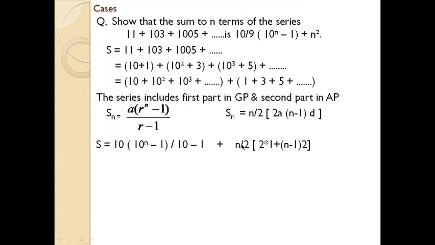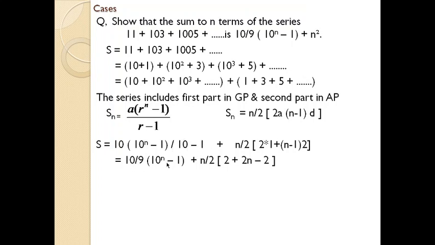Okay, plus n by 2, we don't know n, so n divided by 2 into 2a. Here a is 1, so 2 into 1 plus n minus 1 into d. You know how to take d. Here d is 2. By solving this, you will get 10 by 9. Here this 9 is obtained by solving 10 minus 1.